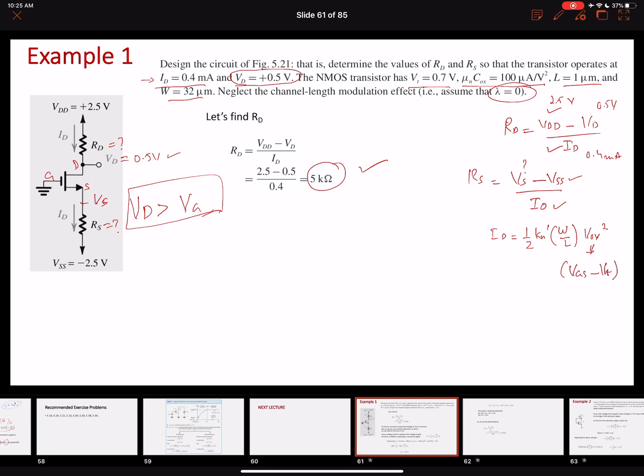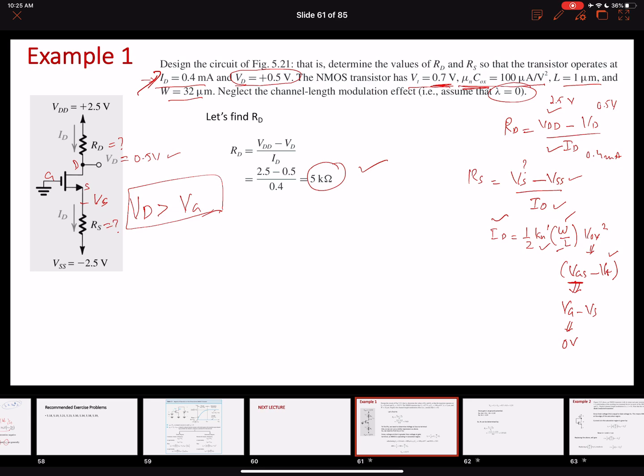If you look over here, we have the value of ID, 0.4 milliamperes, Kn dash, which is mu n Cox, the W value is here, and the length value is here. In this VOV, we have a threshold value, which is 0.7 volts. And for this gate to source value, this is VG minus VS. VG is 0 volts.